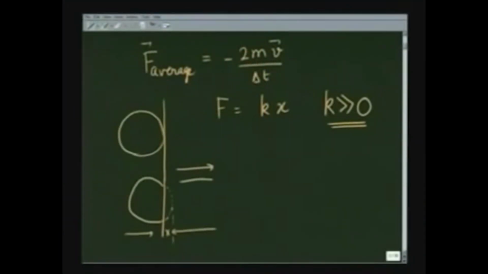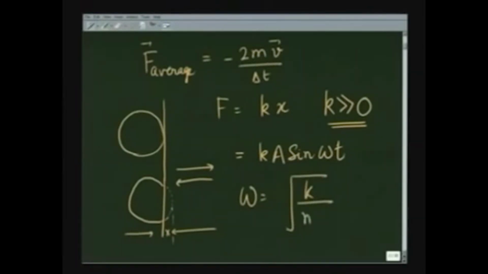If it hits and the force is this, obviously after hitting the ball is going to perform a simple harmonic motion, so that I can write this as k a sine omega t, where omega would be the characteristic frequency of oscillation with this k and the mass of the ball.